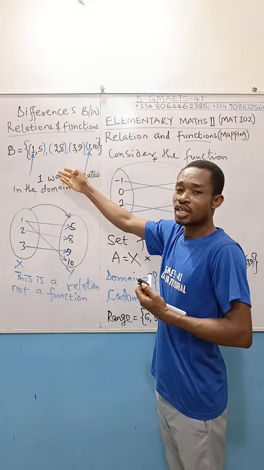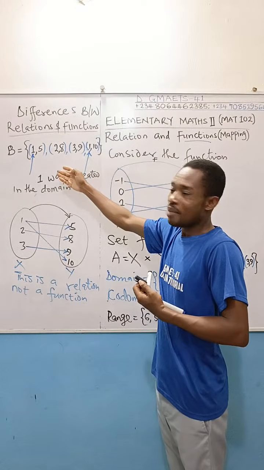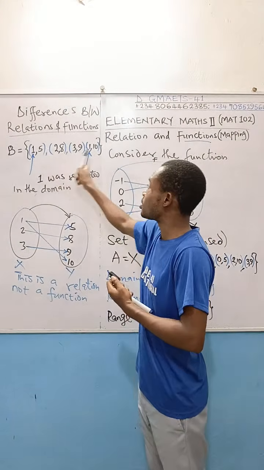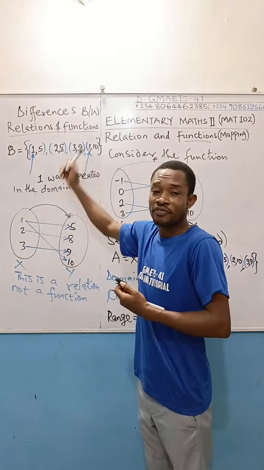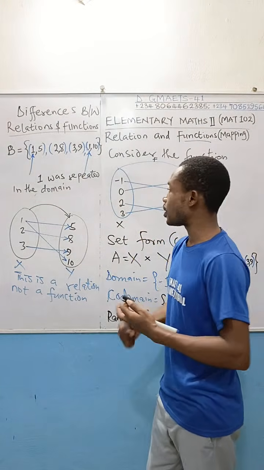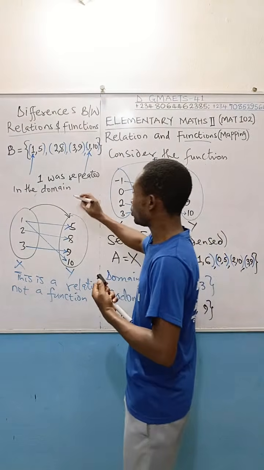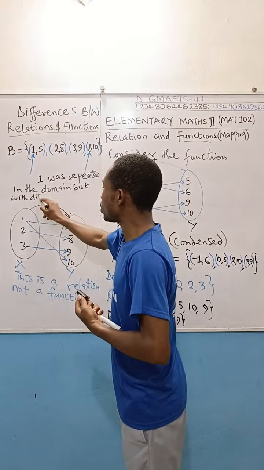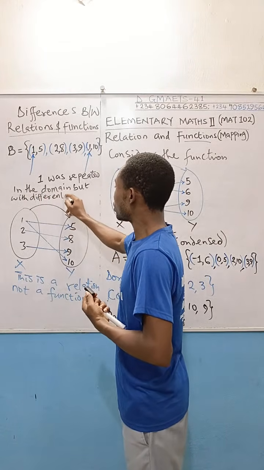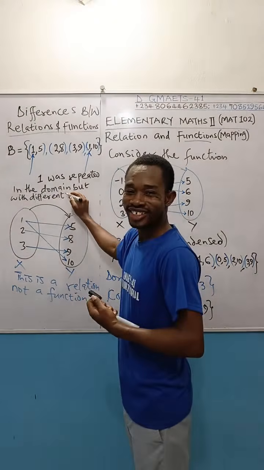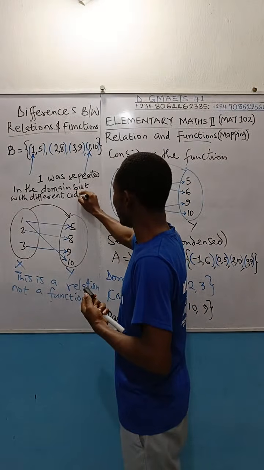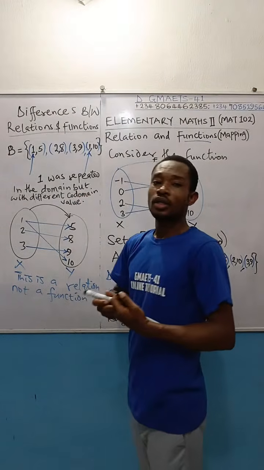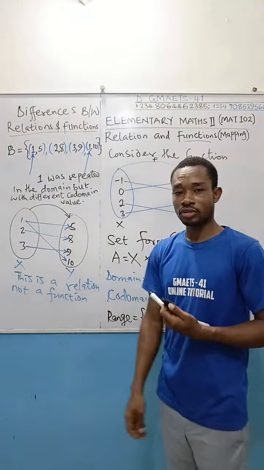Therefore, this is not a function, because it is as if you have the same child having different mothers or different fathers, as the case might be. It's not possible. So 1 was repeated in the domain, but with a different codomain assignment. Therefore, it's not a function.